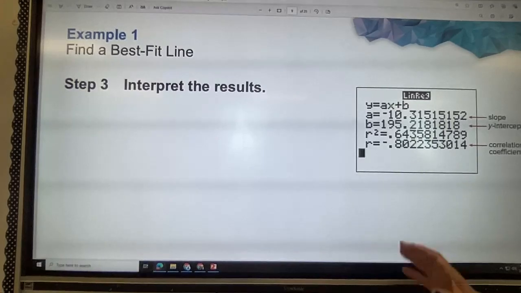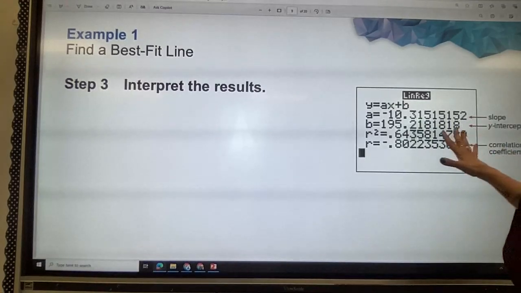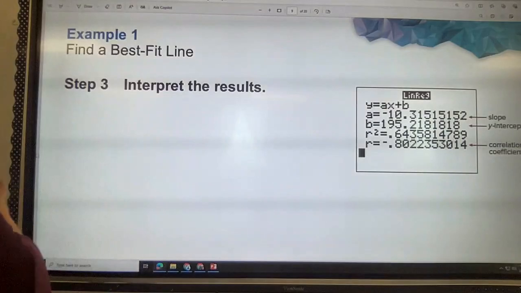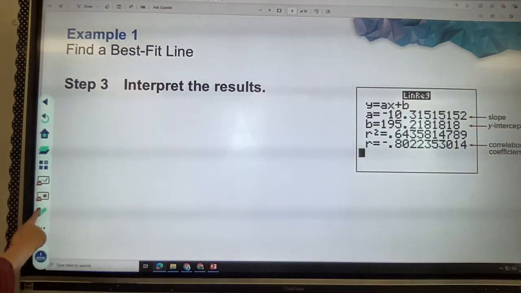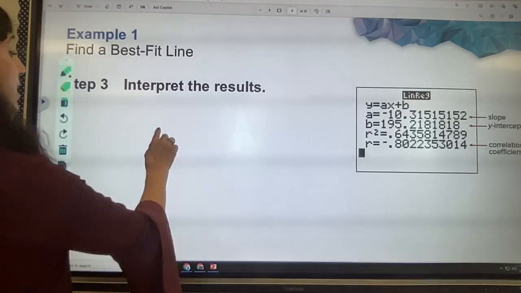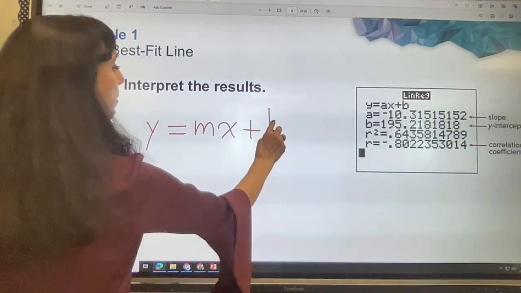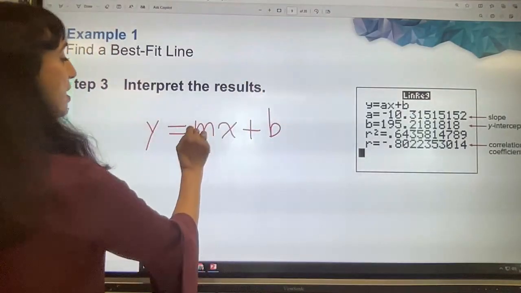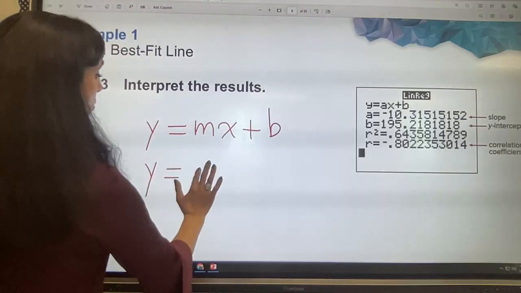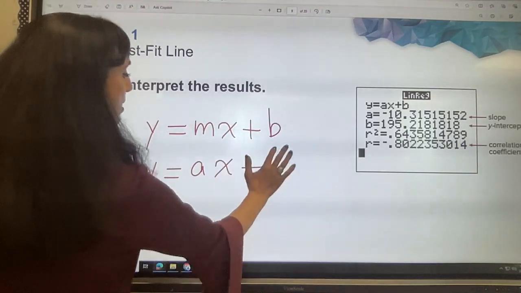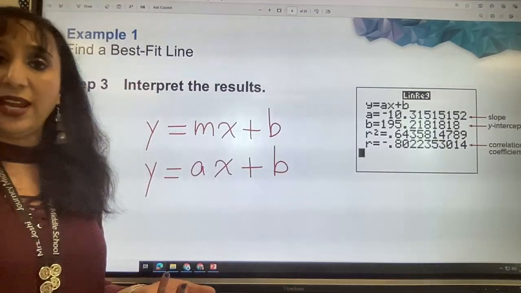I am writing out the equation for this one. We know that we are writing it as y equals mx plus b, right? Or in this case, y equals ax plus b. That's how it is in the calculator.